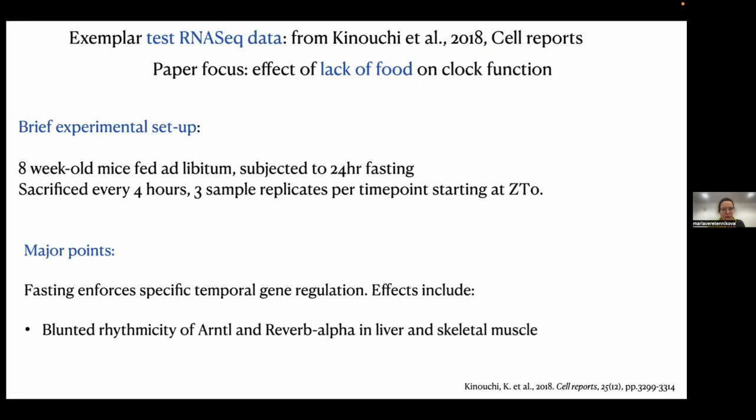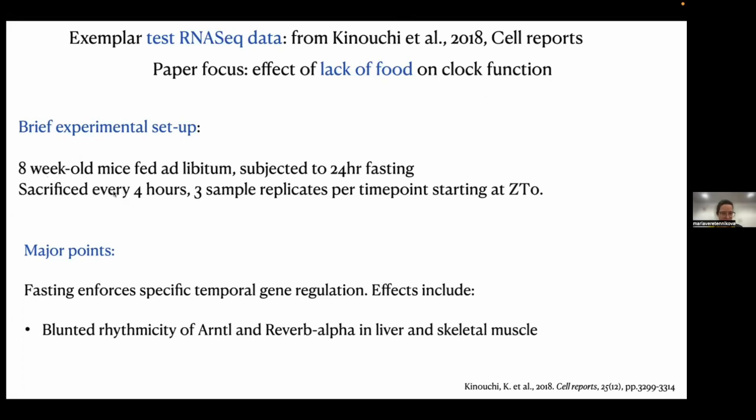So this specific paper, from which we took our test data, focused on the effect of the lack of food on the functionality of the clock, and it was on mice.